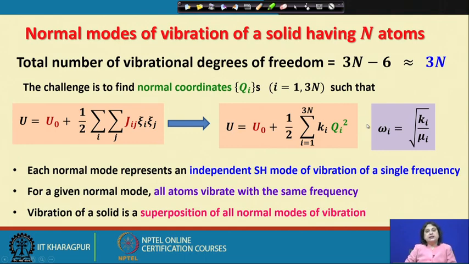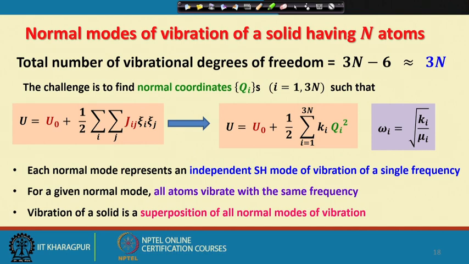So, what is it that a normal mode of vibration will give me? Let us say that I start with a solid having capital N atoms, then the total number of degrees of freedom is 3N minus 6, but for N equal to Avogadro number, this is practically equal to 3N.